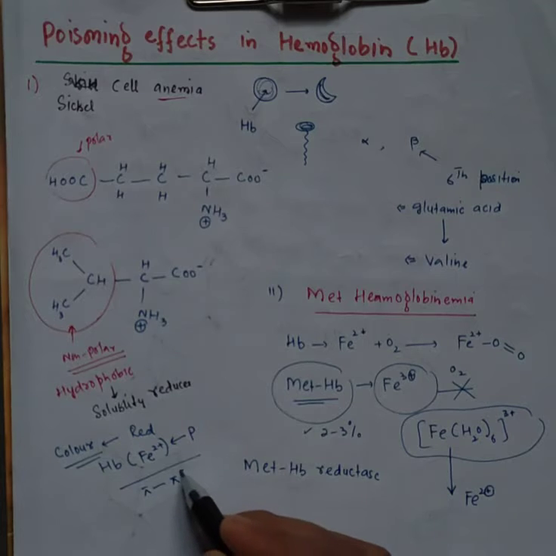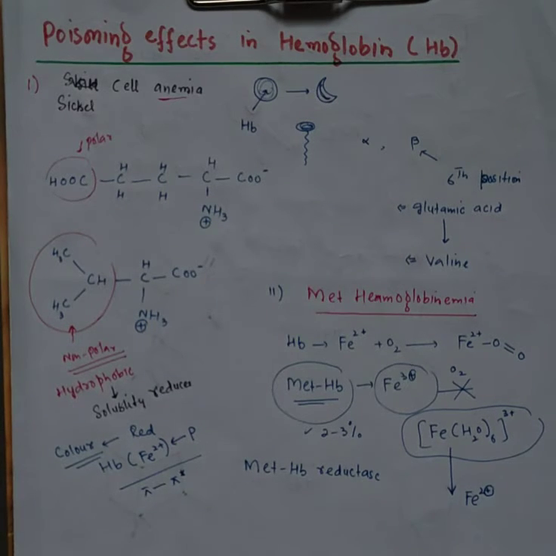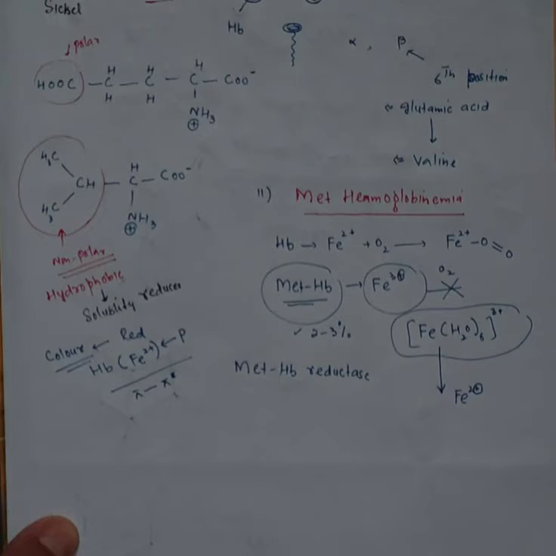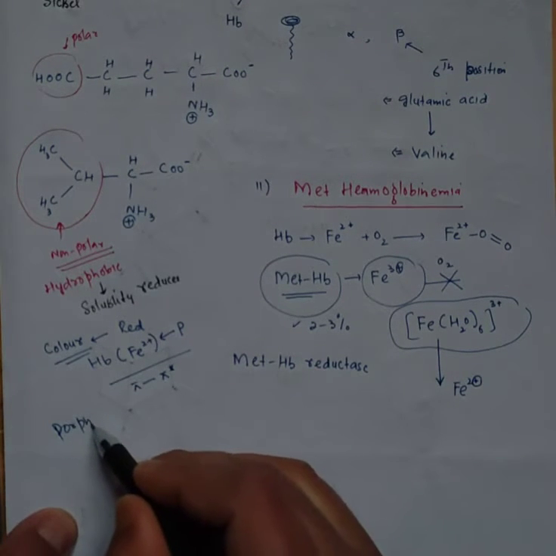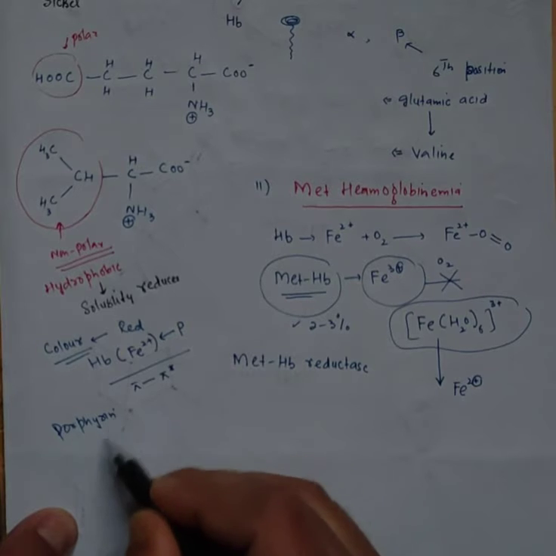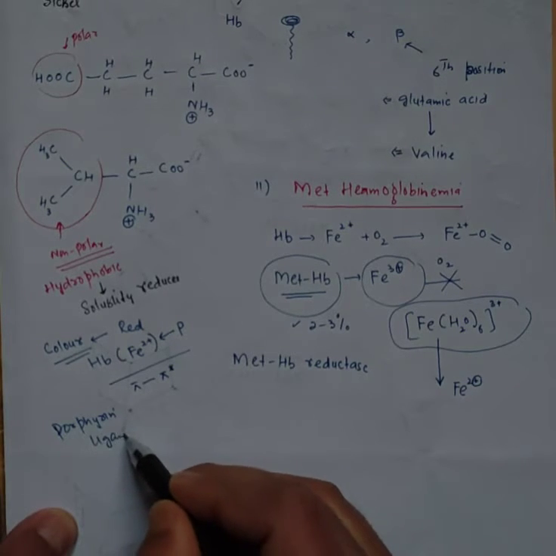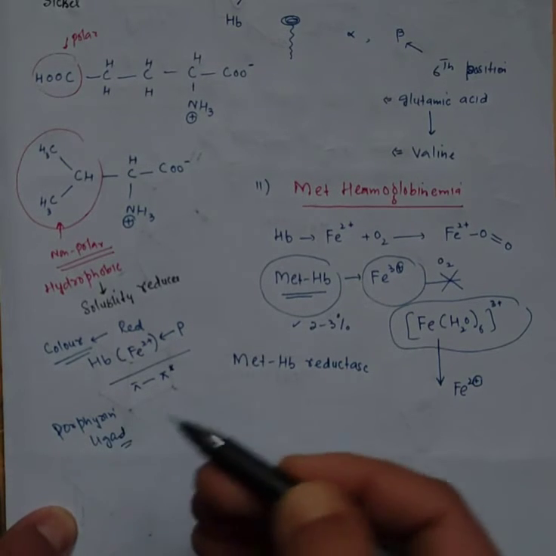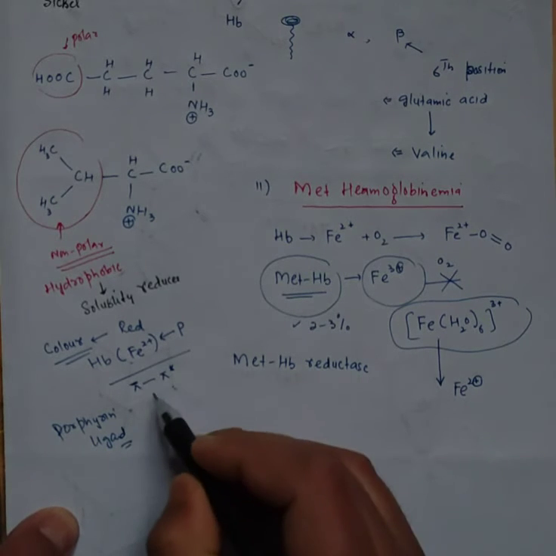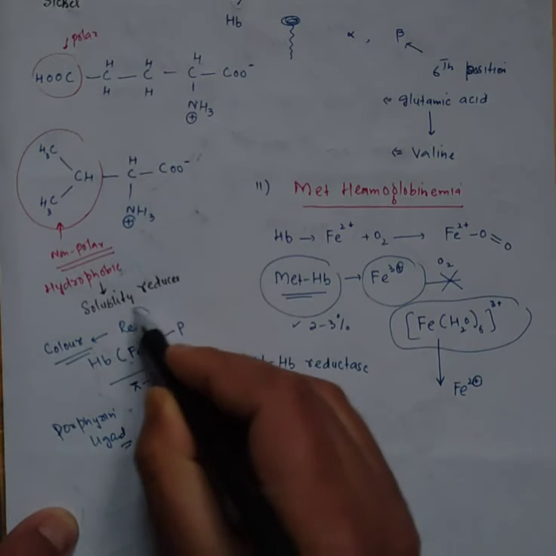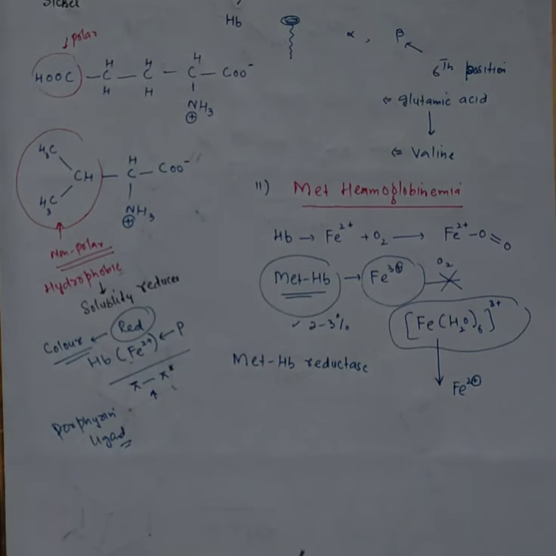We know that porphyrin acts as a ligand. And the ligand is highly conjugated, so we have the pi to pi star transition. That transition is basically responsible for the red color of the blood.